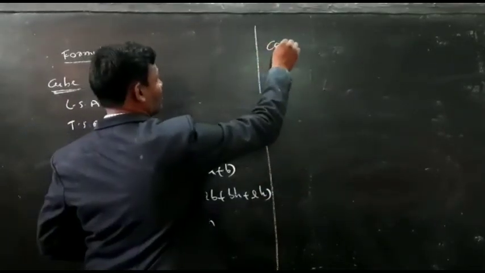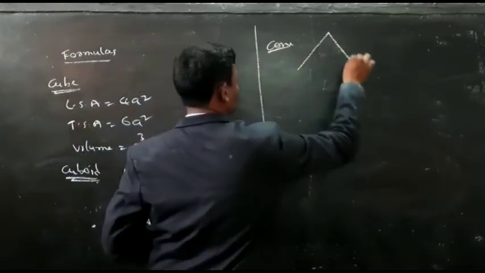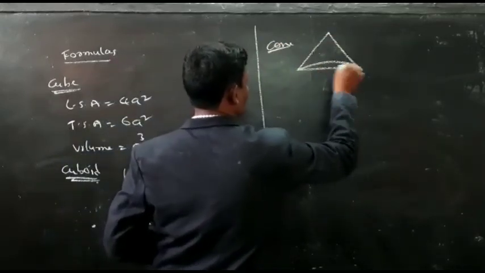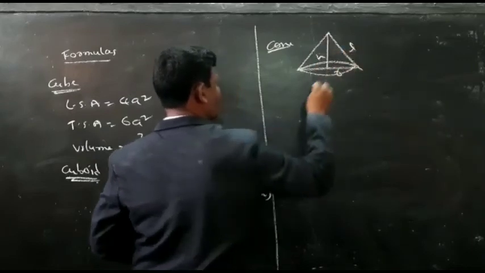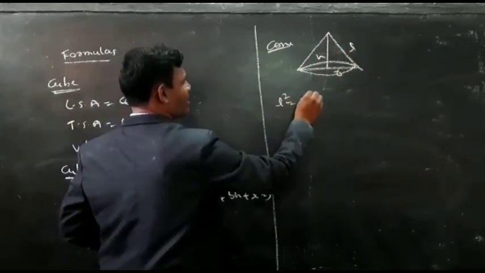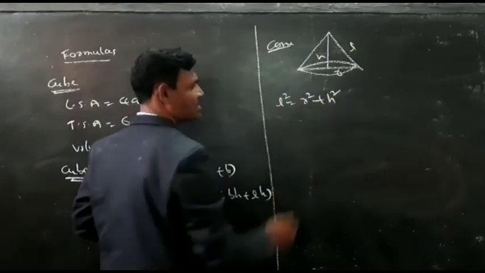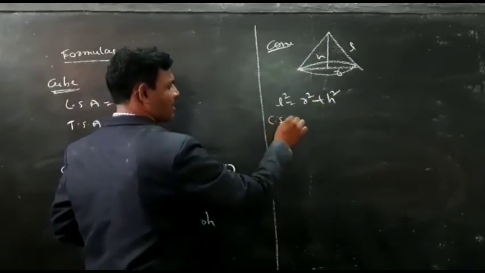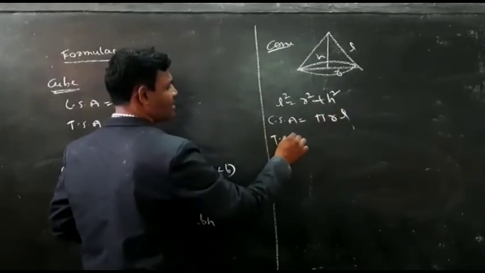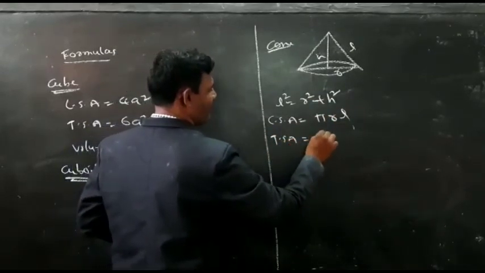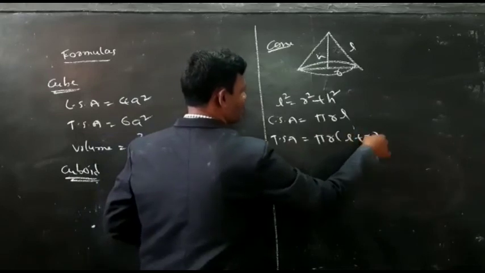Next, cone. Slant height of the cone: L square is equal to R square plus H square. Next, curved surface area of cone is pi RL. Total surface area of cone is pi R (L plus R).